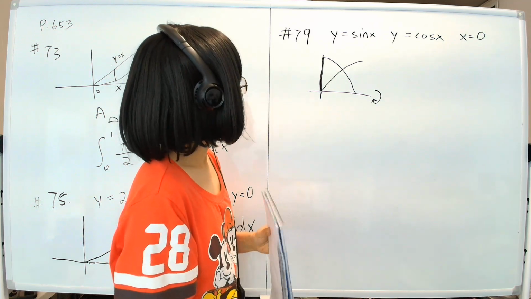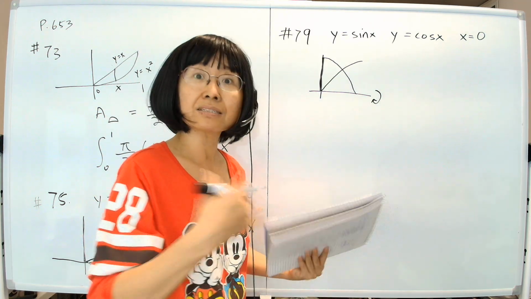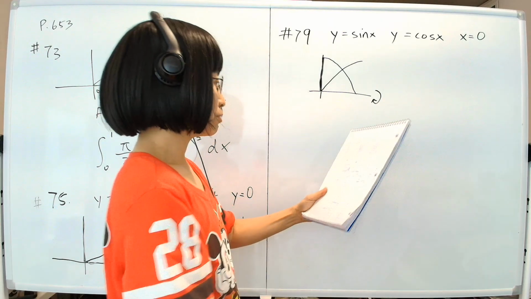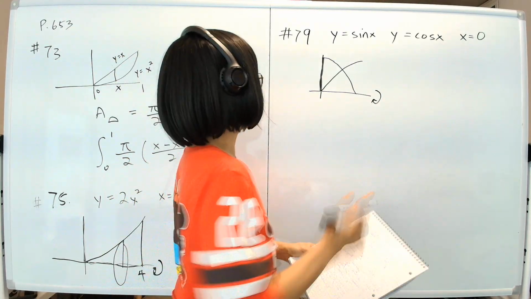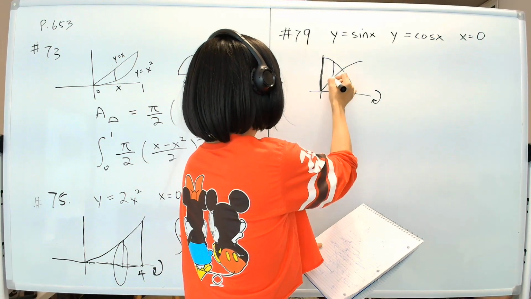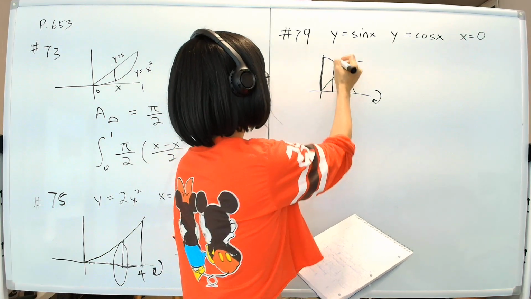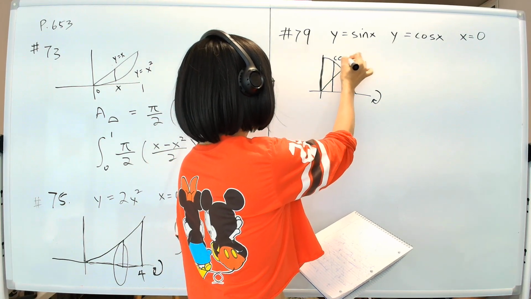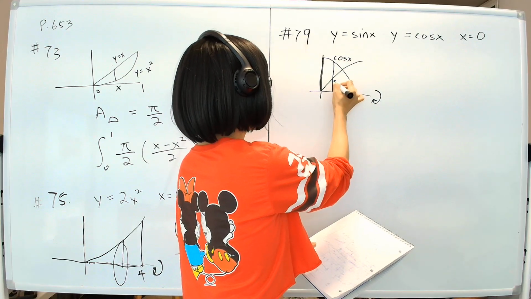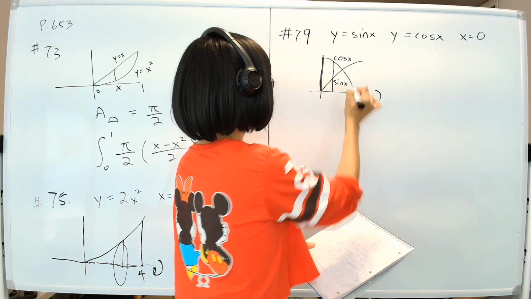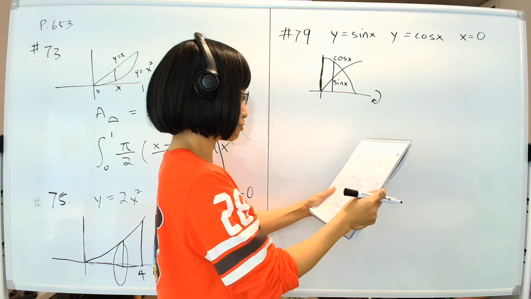There are two discs that we're doing, so we will follow the washer formula. Let's draw this thing. The one on top is cosine x, the one on the bottom is sine x, and together that should get us where we want to be.